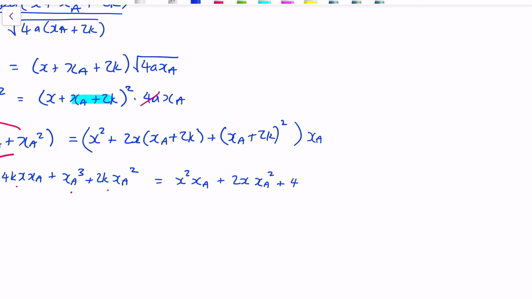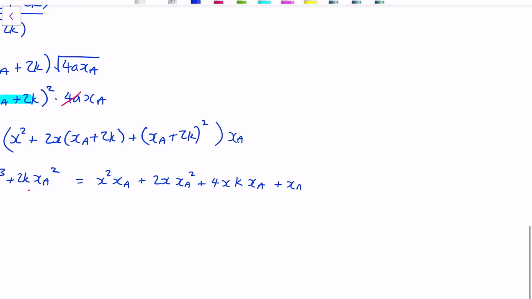Plus 4xk xa plus xa squared times xa, so cubed, plus xa times 2k times 2, so 4k xa all squared times xa, so another xa cubed. No, just squared. And then 4k squared times xa.